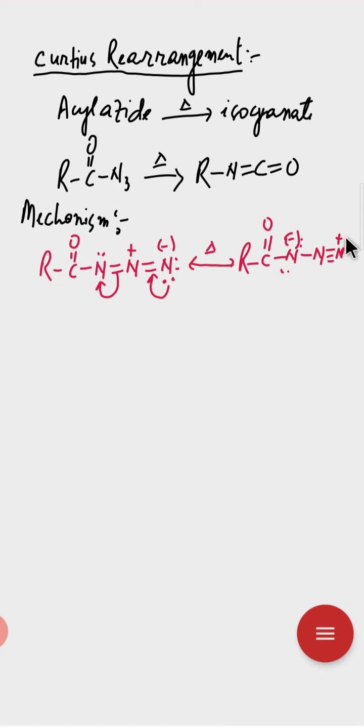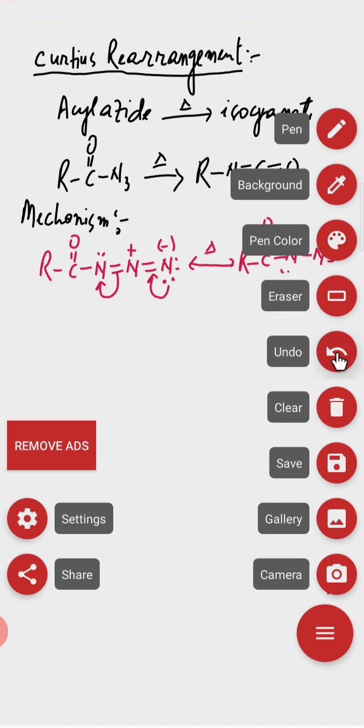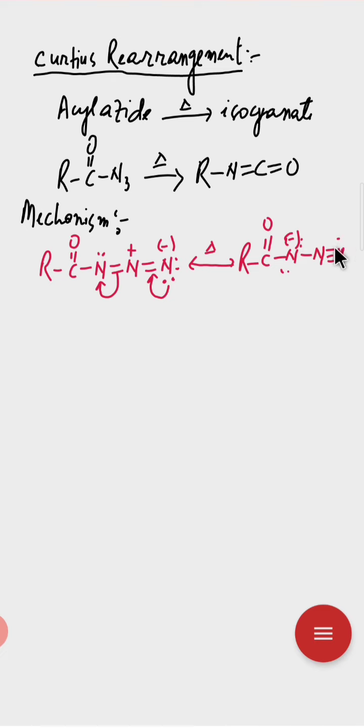This nitrogen will have a positive charge, not this one, sorry. This nitrogen will have a lone pair of electrons, but this nitrogen will carry a positive charge now. I carried it before also, but now the negative charge shifts from this nitrogen atom to this nitrogen atom.